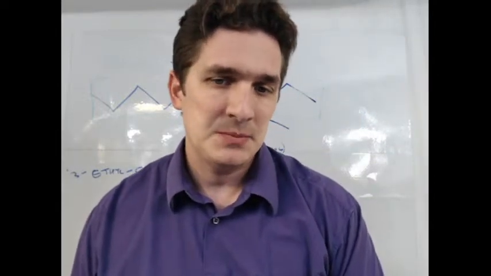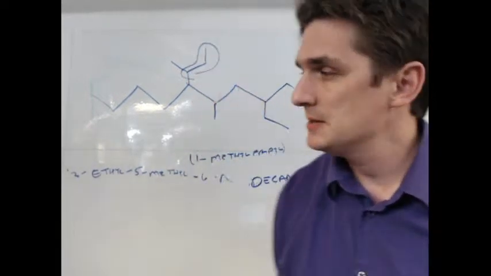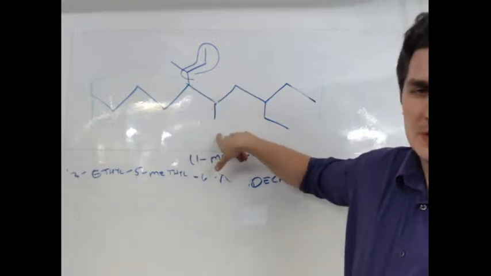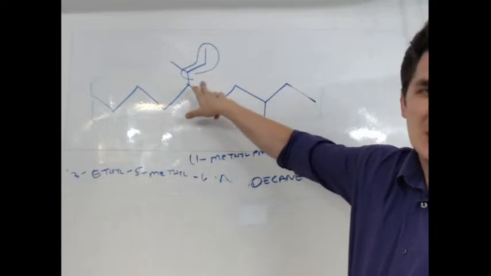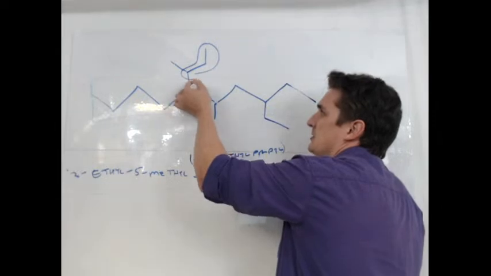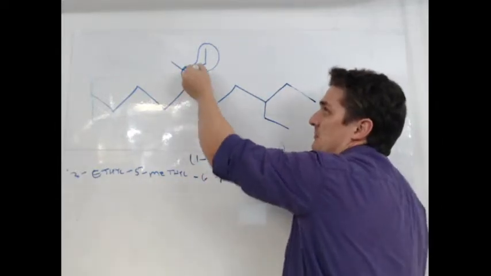So the approach for these types of problems, again: identify the longest chain, find the branches, and if you have a complicated branch, just put it in parentheses as a placeholder, and name all the other simple branches. Then identify the position of this complicated branch, and when it comes to naming the complicated branch, it's going to follow the same reasoning as naming the longer chain. It's just that now you've set the first carbon.